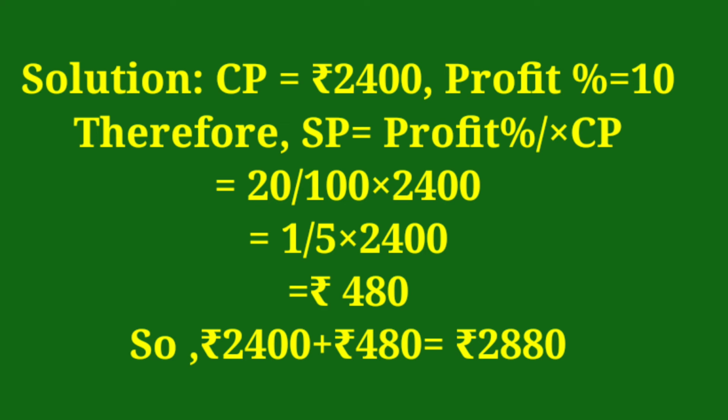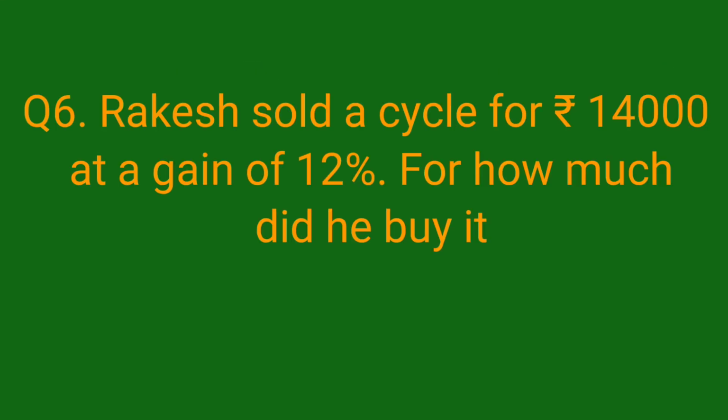Therefore, SP equals profit percent by 100 into CP. So 20 by 100 into 2400, 1 by 5 into 2400 equals 480.